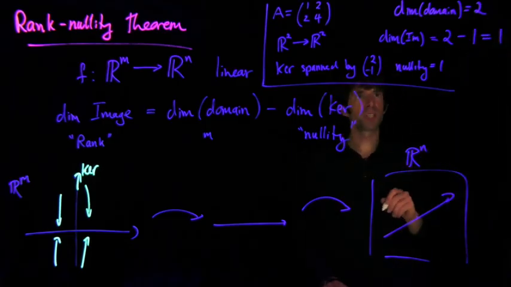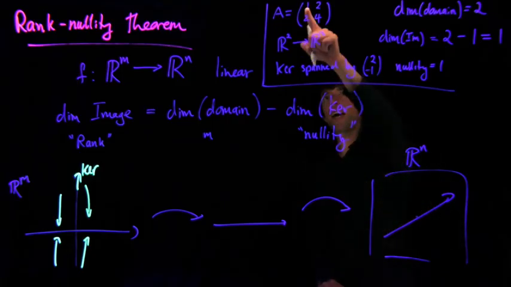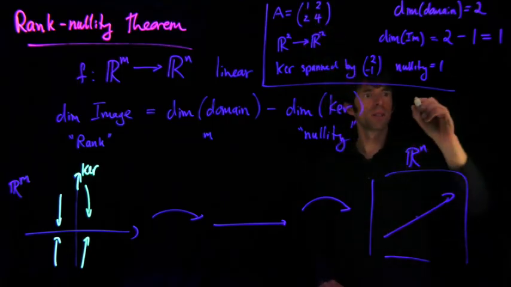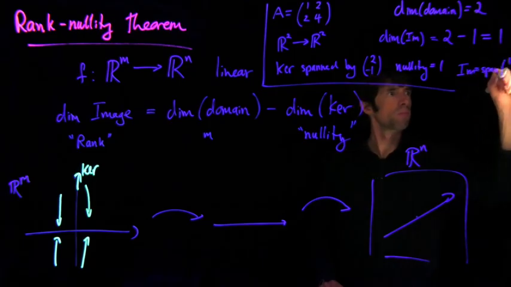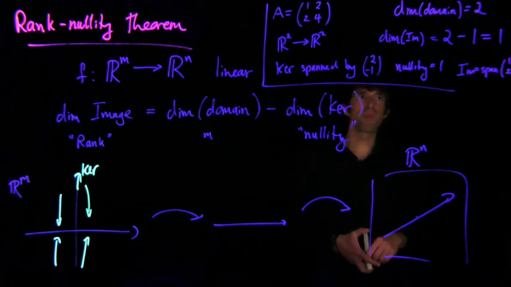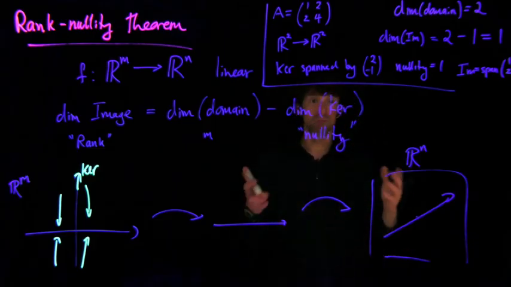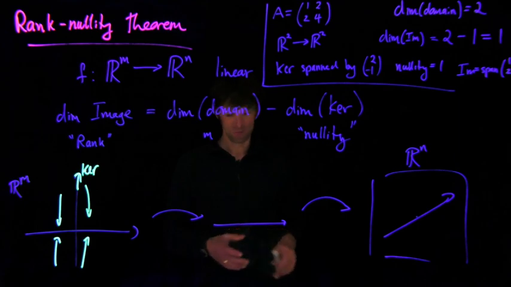So the dimension of the image has to be 1. And in fact, the image is spanned by either one of those two columns. The image is the span of that one vector. So indeed, the image has dimension 1. So it works out. It's a miracle. Great. That's the end of that video.